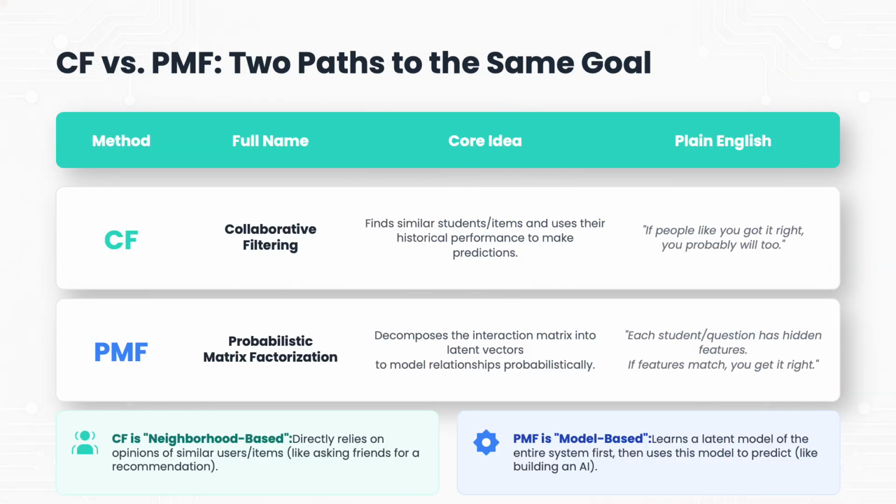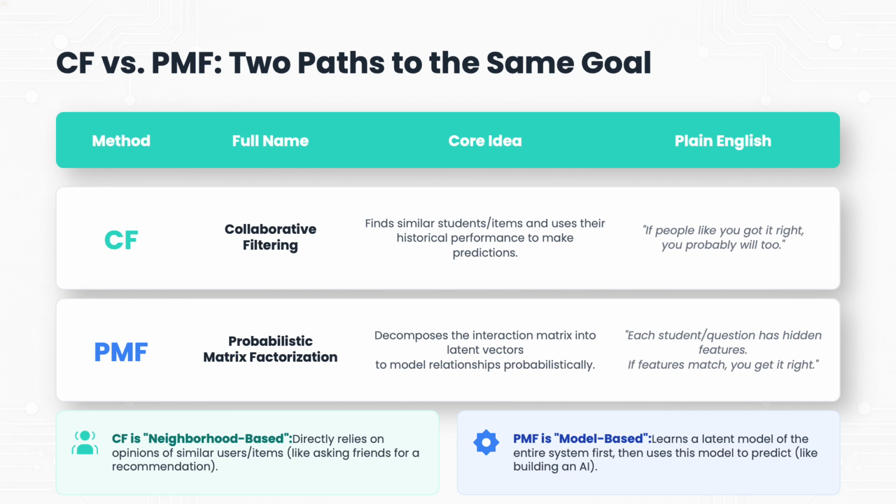So, we have two main approaches: CF and PMF. What's the difference? Collaborative filtering, CF, is the classic approach. Its core idea is to find your neighbors, people who have interacted with the system in a way that's similar to you, and use their behavior to predict yours. Probabilistic matrix factorization, PMF, takes a different route.